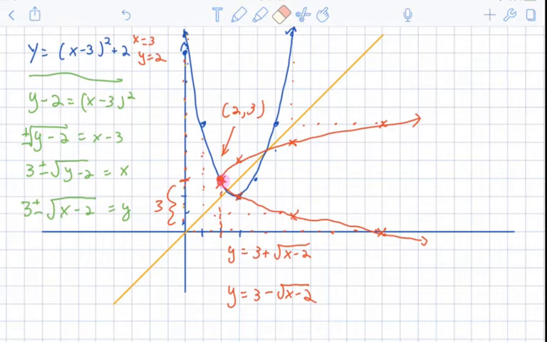I'm going to teach you how to sketch your root function without having to even talk about what the parabola shape is, but I do want this connection to be in your head a little bit.